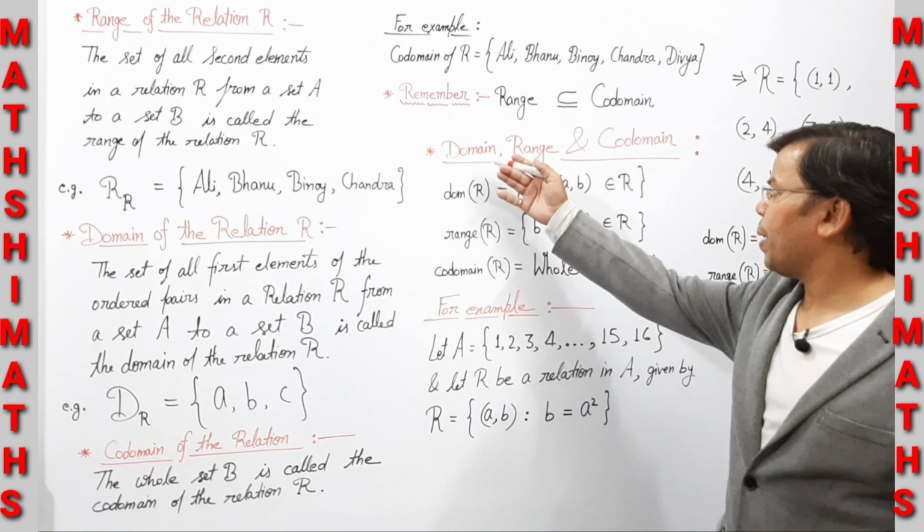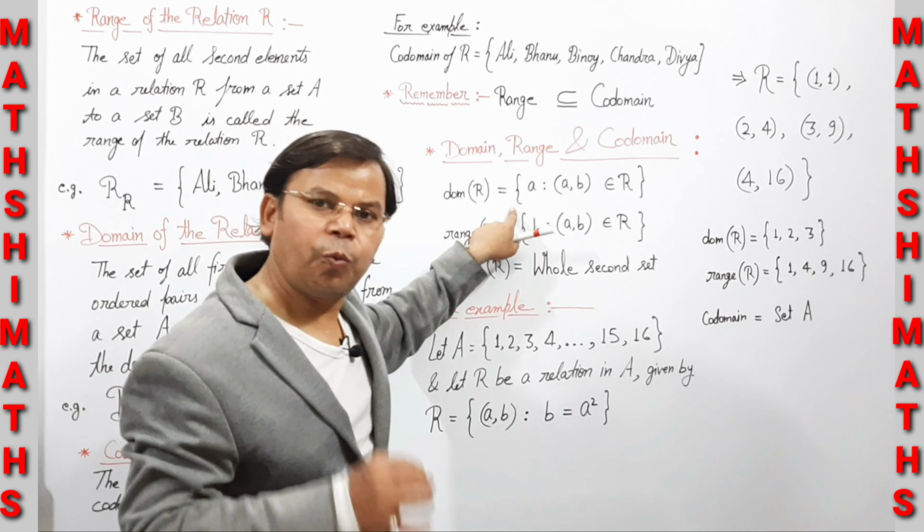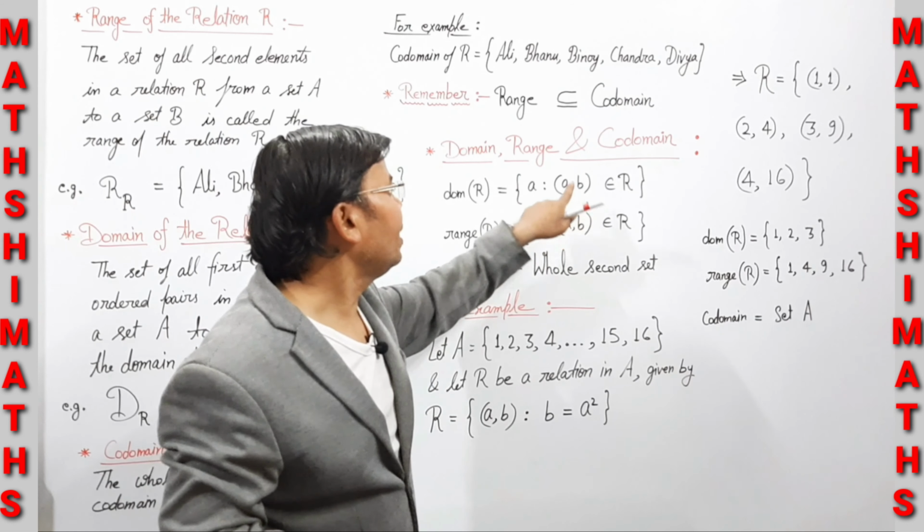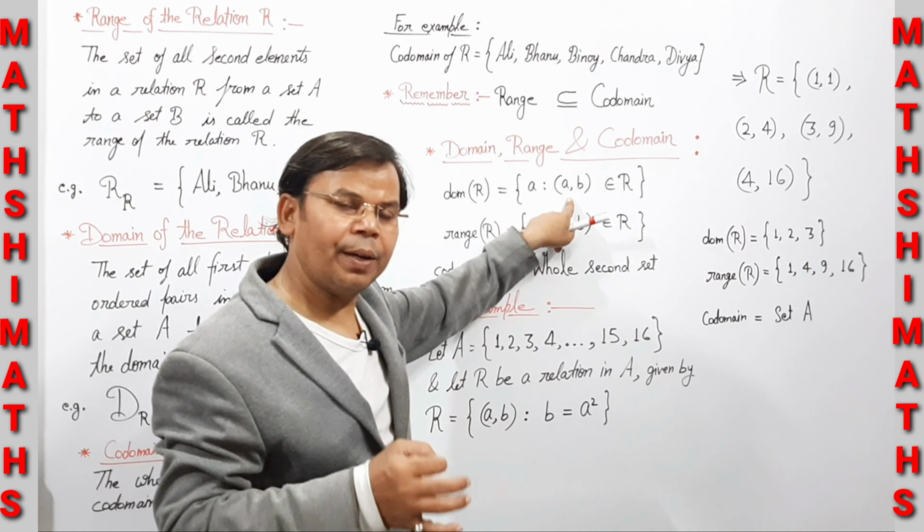Domain of the relation R will be represented in set builder form like this: the set of all first elements A such that every ordered pair A and B belongs to the relation R. Range of relation is represented in set builder form like this: the set of all second elements B such that every ordered pair A and B belongs to the relation R. And codomain of R is equal to the whole second set.